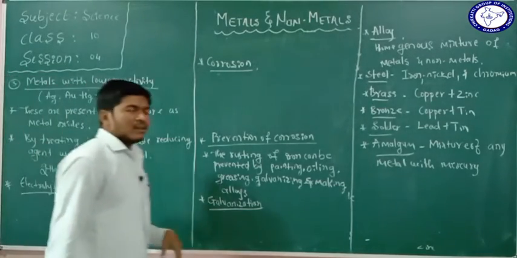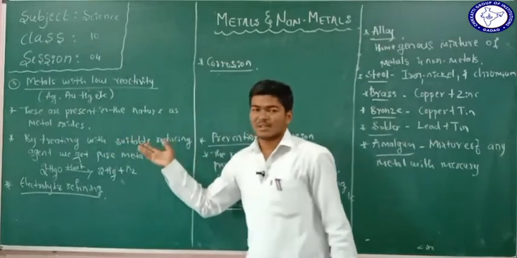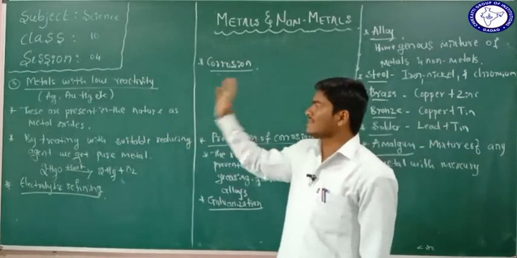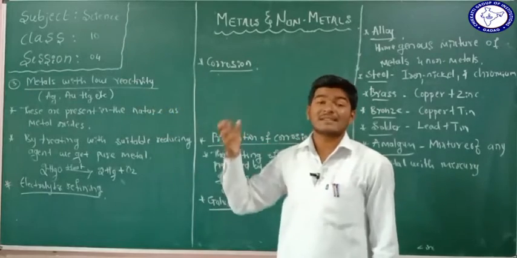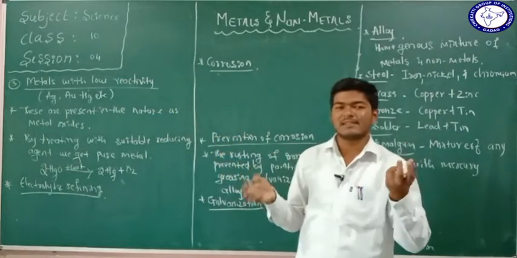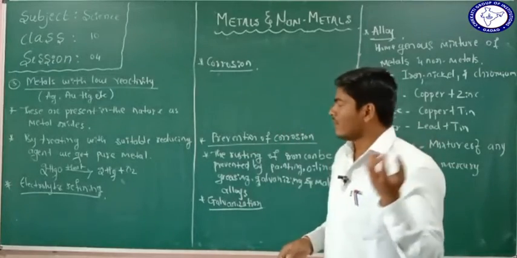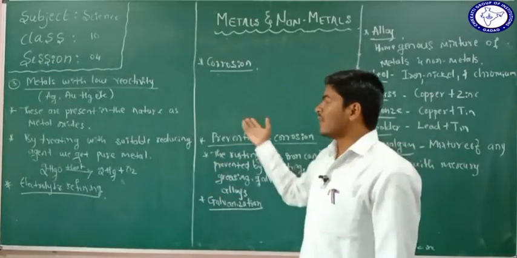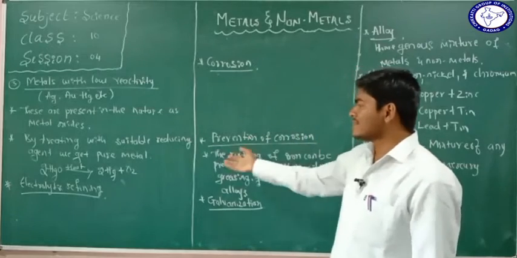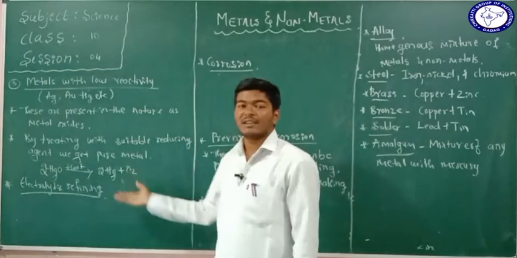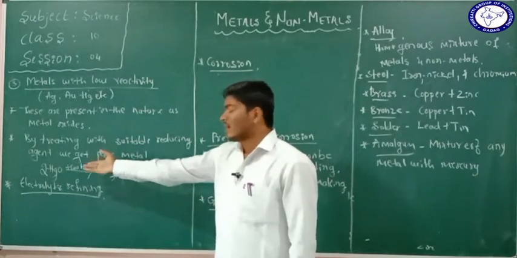So the low reactive metals which are present in nature are present in the form of oxides. So extraction of these metals from this oxide ore is very easy. As we know already, the oxide ores are going to be treated with a suitable reducing agent to get the pure metal. For example, when mercury oxide is heated, it is very easy to get the mercury from the oxide ore.